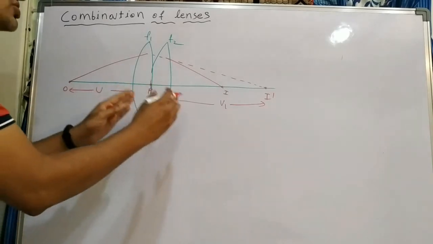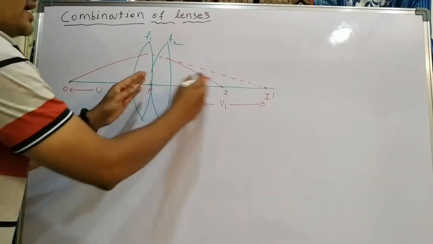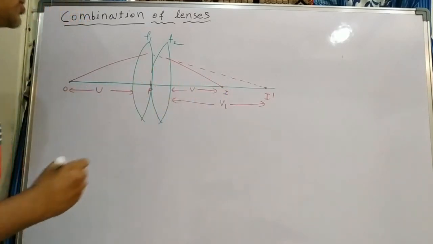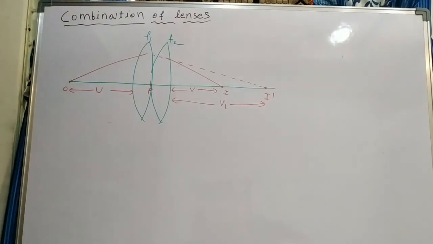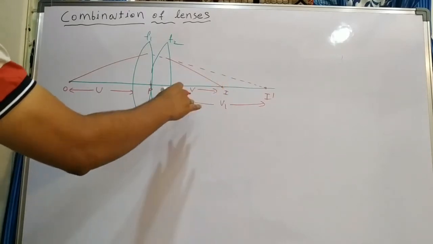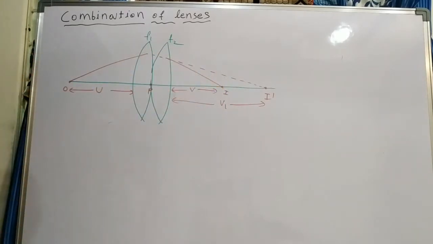So the object distance for the second lens is v1, and v is the image distance. So that image is modified and again it will be replaced here.